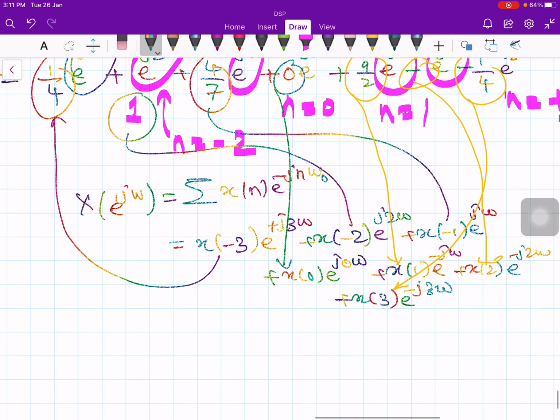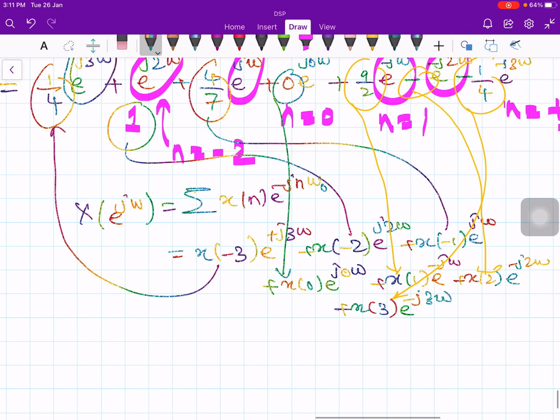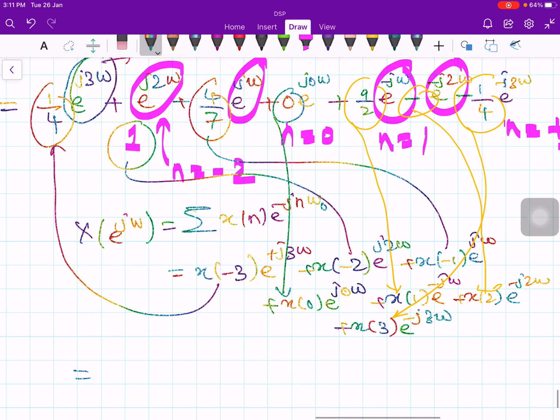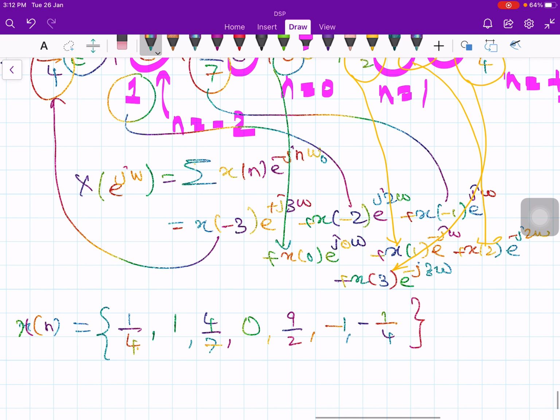So let me write down these values. Therefore x of n is equal to 1 by 4, 1, 4 by 7, 0, 9 by 2, minus 1, minus 1 by 4, and the location of the 0 must be indicated by an arrow, so you put an arrow here.